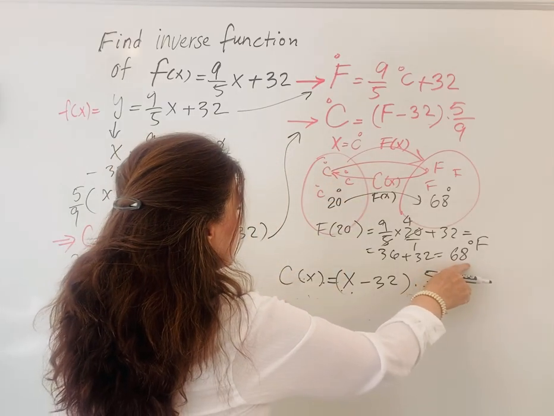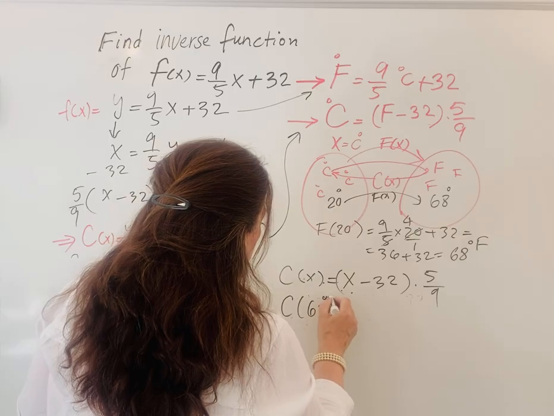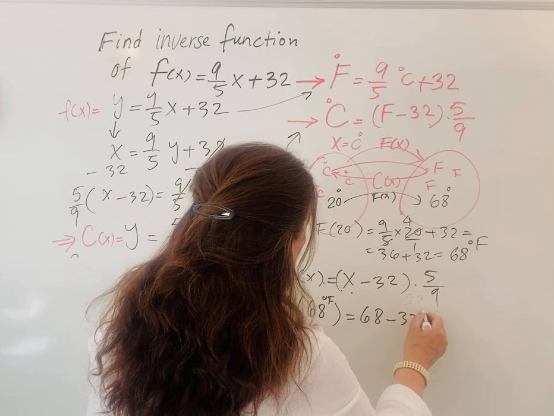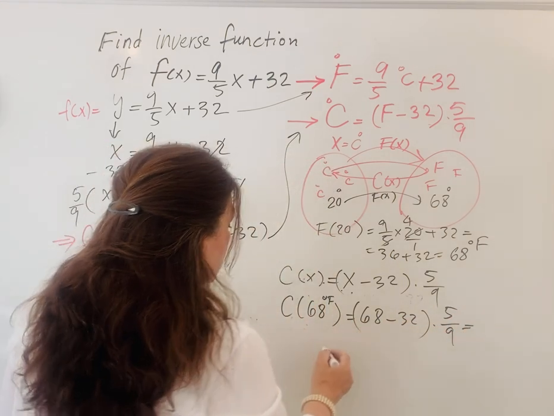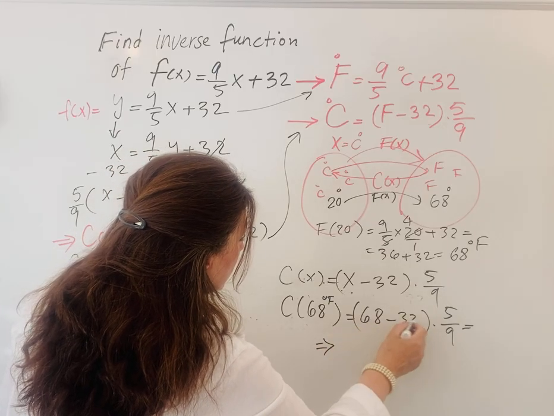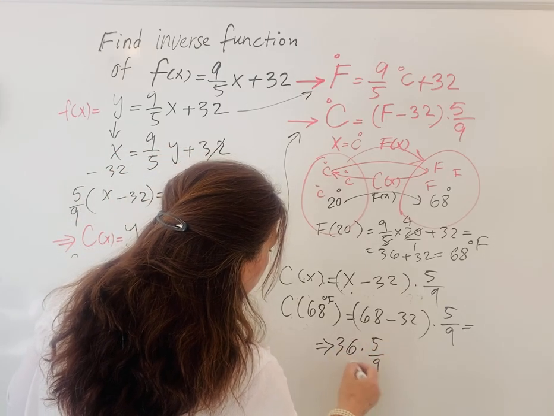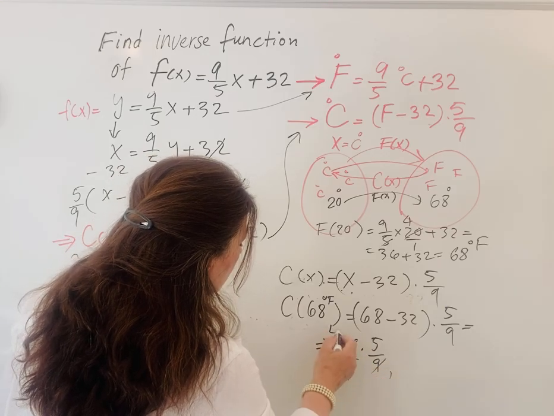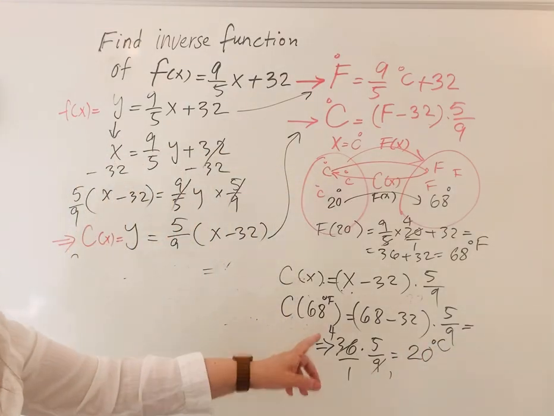C of 68 Fahrenheit: 68 minus 32 times 5 over 9. How much is it going to be? 68 minus 32 is 36, times 5 over 9. 36 simplified by 9 is 4. 4 times 5 gets 20 Celsius, or centigrade.